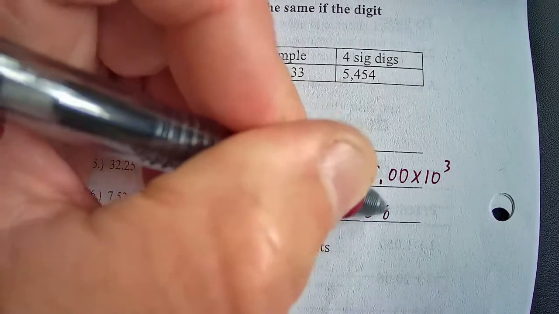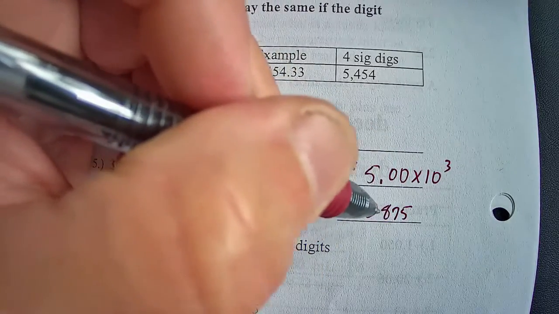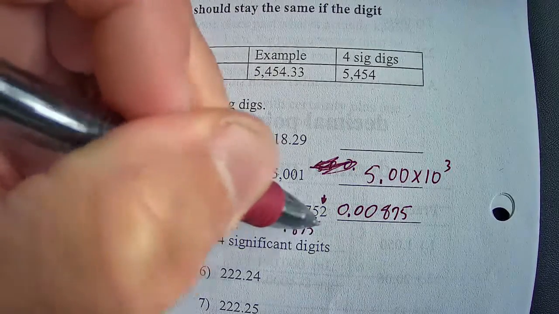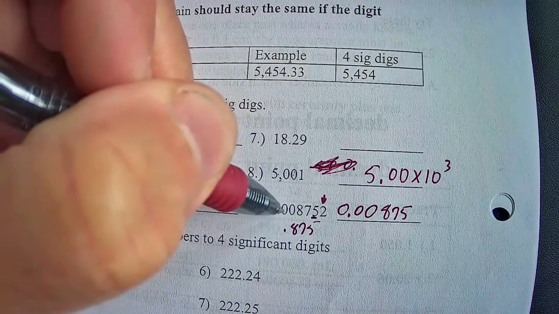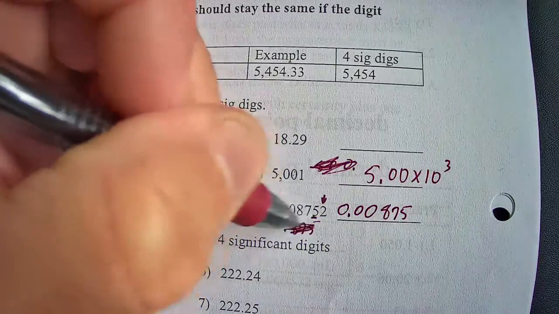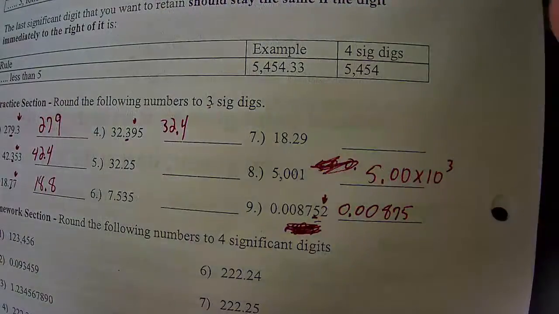So you need to put those leading zeros back in, and what you get is 0.00875. All right, if you just wrote this as 0.875, you're changing that by a couple factors of 10, right? You're going from 0.00875 to 0.875, right? That's a big difference, right? So the number has to be kind of close to what you're starting off with.